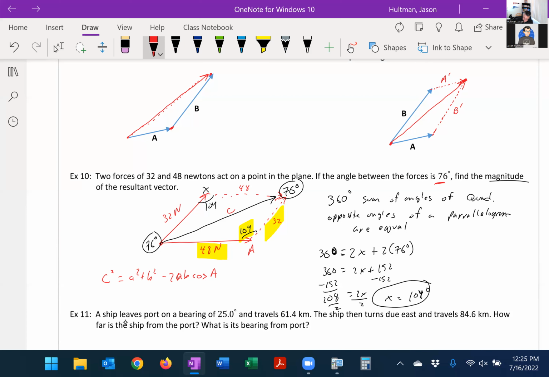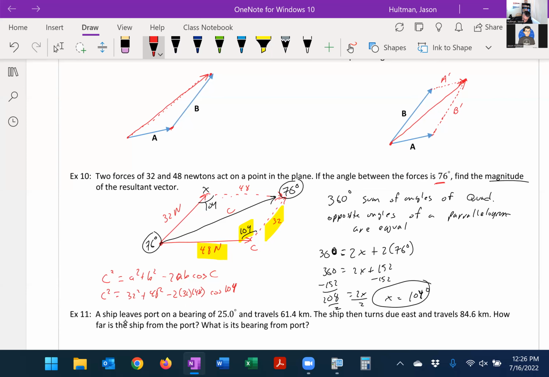Okay, and so I'm sorry, this is cosine C. My bad, not A. And so C squared is equal to 32 squared plus 48 squared minus 2 times 32 times 48 times the cosine of C. The C is going to be 104.